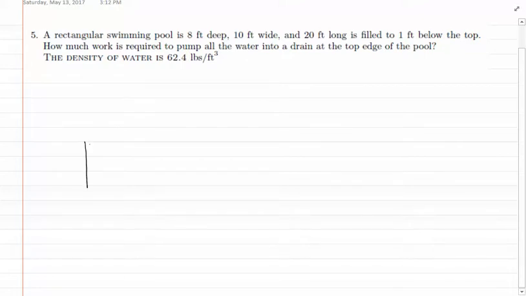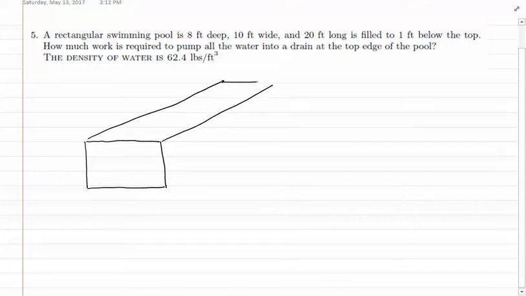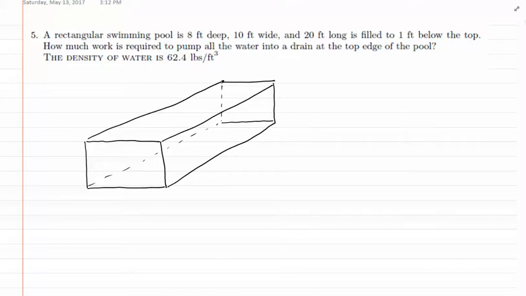So basically we can think about it as being a rectangular prism like this, where it's 8 feet deep, 10 feet wide, and 20 feet long.